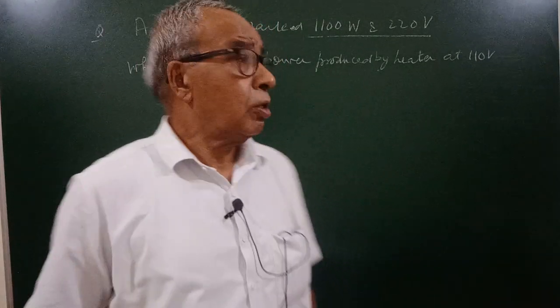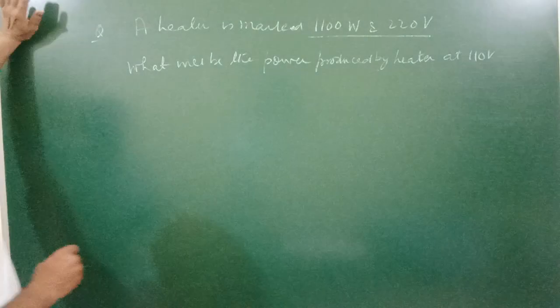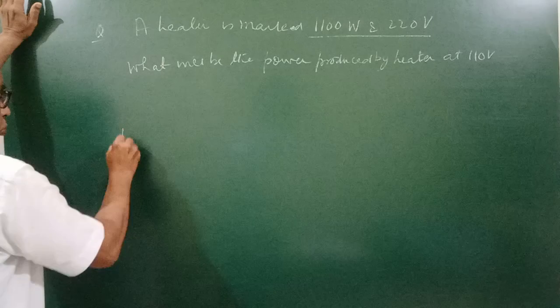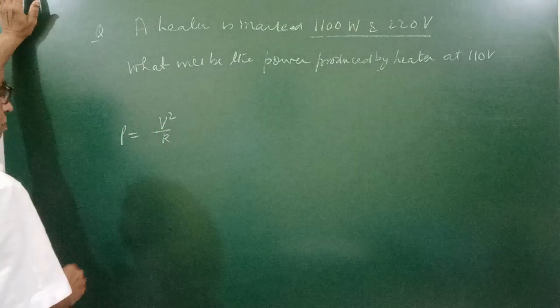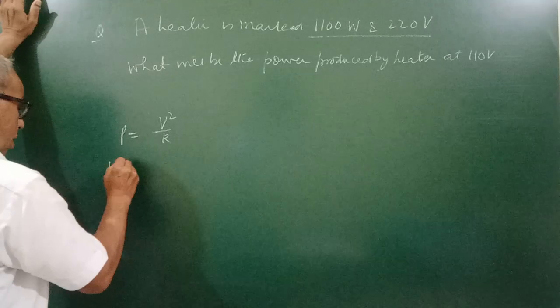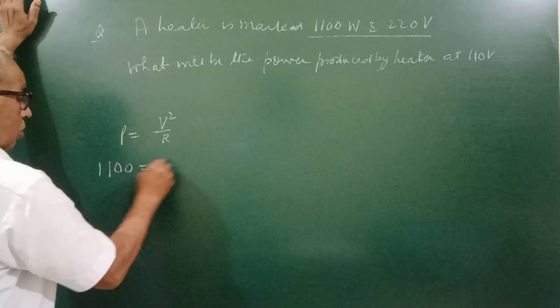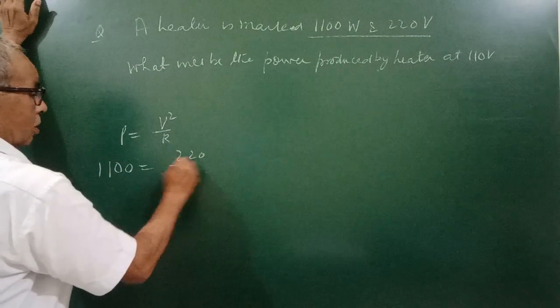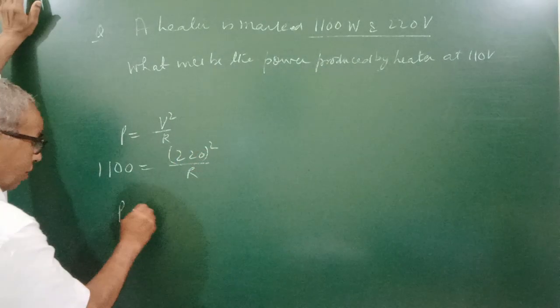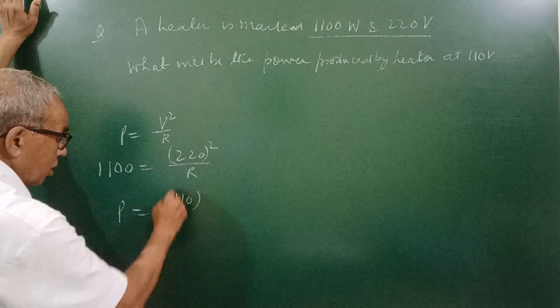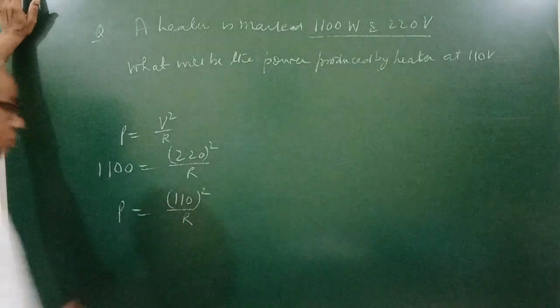You know the formula for power produced by a heater or any device, V square by R. So first 1100 equals 220 square upon R. What is the power if it is 110 square upon R?